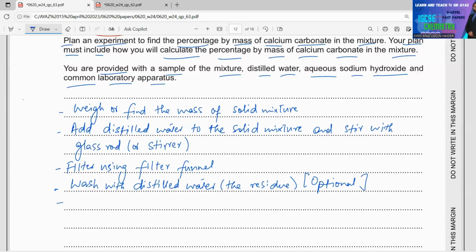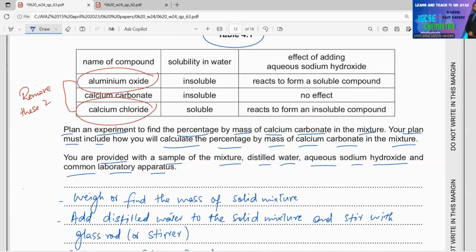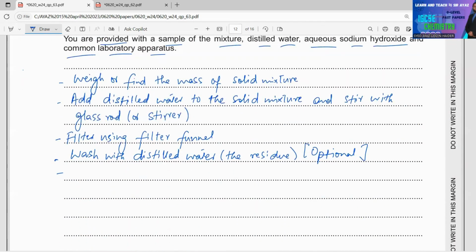Okay. Next step, whatever we are going to do, we will do this with the residue, because in the residue we have aluminum oxide plus calcium carbonate. So I will add excess sodium hydroxide to the residue so that it will react with aluminum oxide.